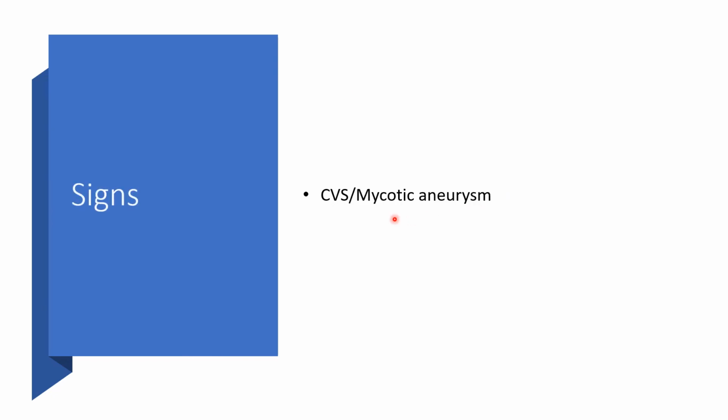Another sign which could be part of complications will be mycotic aneurysm. Ironically, it is not a fungus disease. In fact, fungus is not part of its etiology. Some actually call it bacterial or infected aneurysm. So it is microbial arteritis. It is an aneurysm formed from bacterial infection affecting the arterial wall.